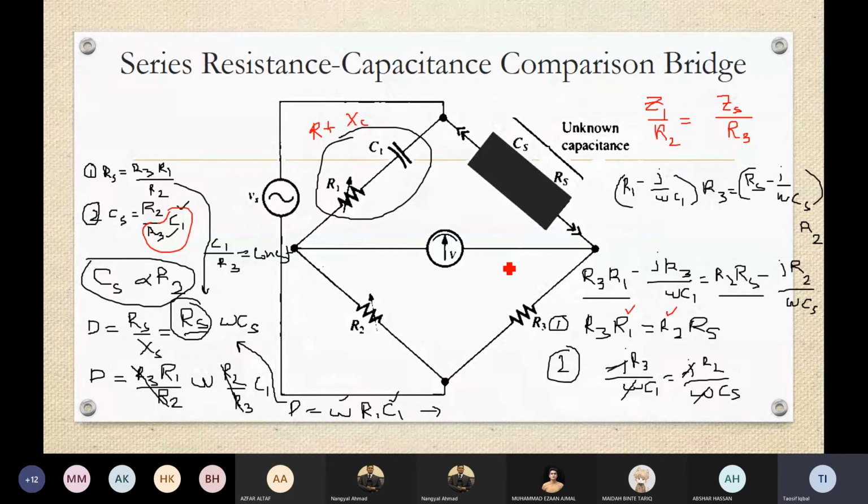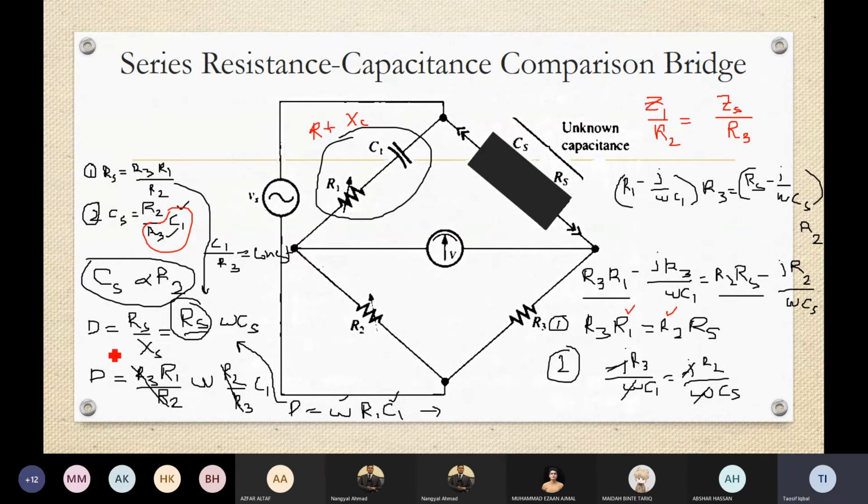Then we can use the dissipation factor, and the dissipation factor for the unknown resistance and the known impedance must be equal. Therefore their dissipation factors are going to be equal as well. Okay, so when the bridge is balanced, both dissipation factors are going to be equal.